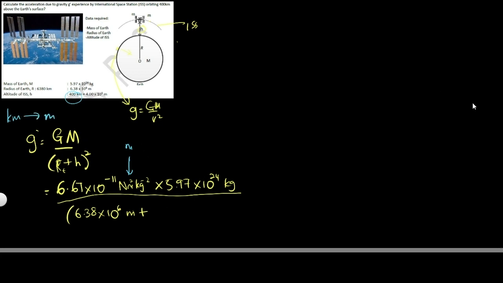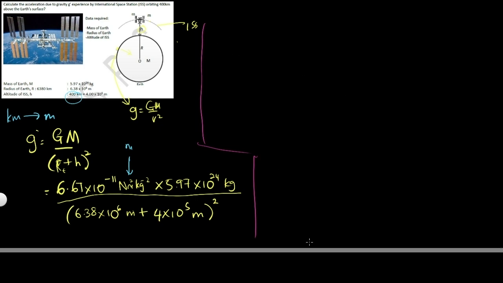That's why we take the height as 4 times 10 to the power of 5 meters, which is equivalent to 400 kilometers. And don't forget to square it. So let's continue.